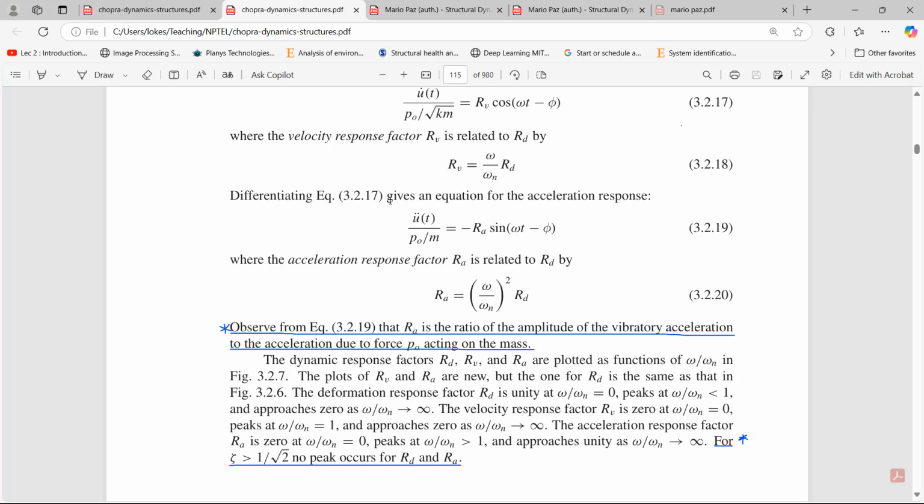This is what we have seen just now, right? This is the equation we have obtained when there is base displacement, from the first problem as well.